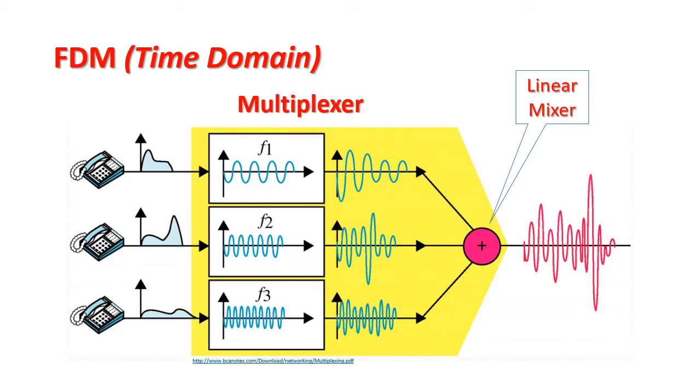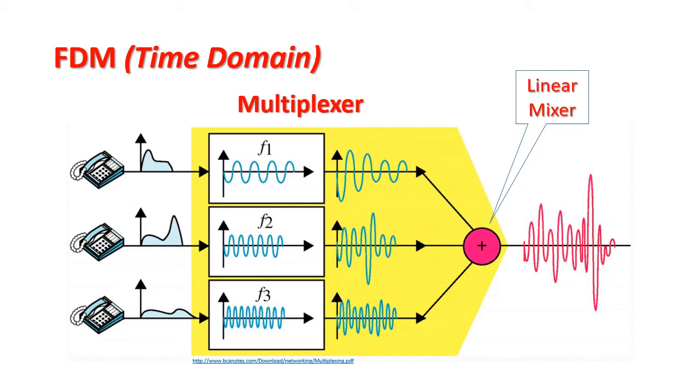To make sure that the message signals from each telephone do not interfere with each other, a modulation process takes place. In the first telephone, a frequency of F1 acts as the carrier frequency to modulate the voice signal.